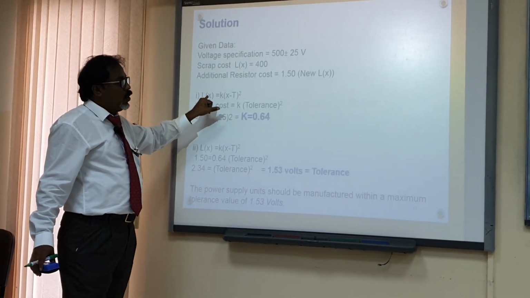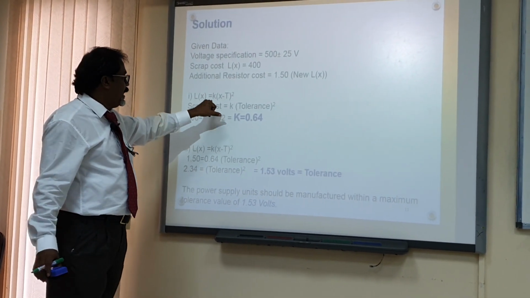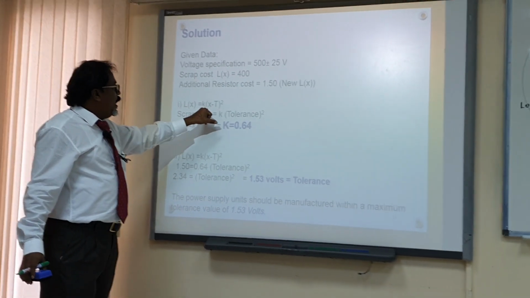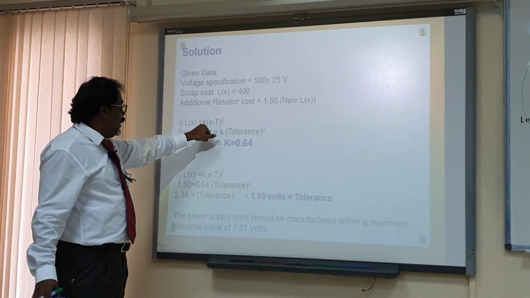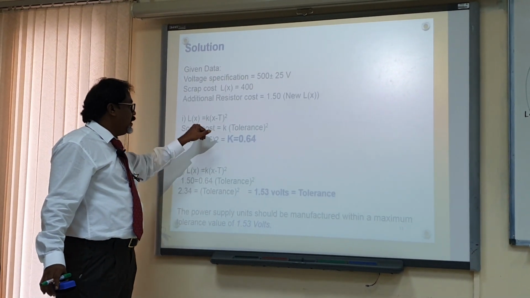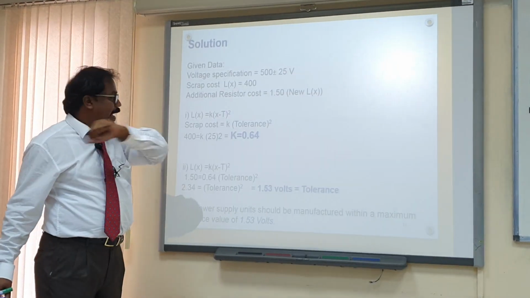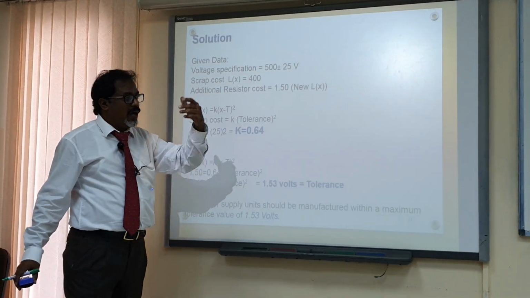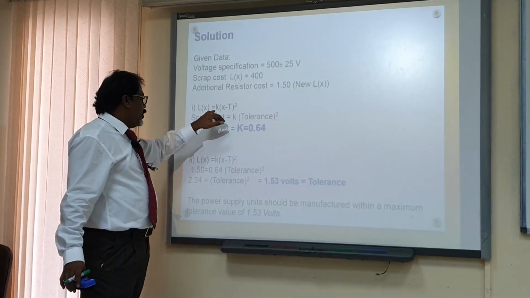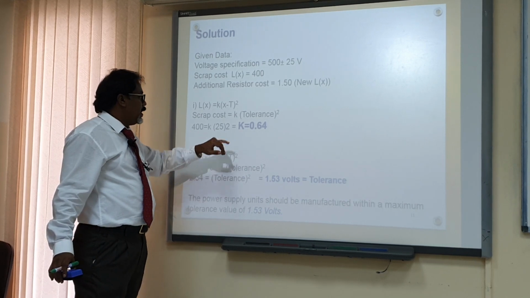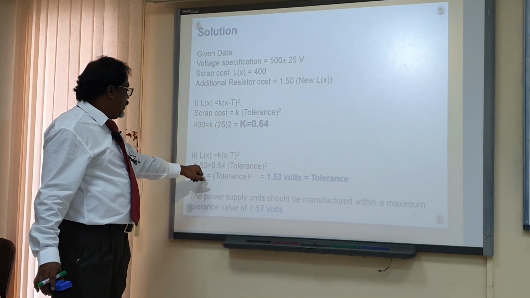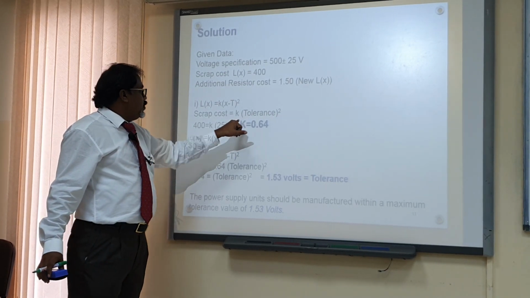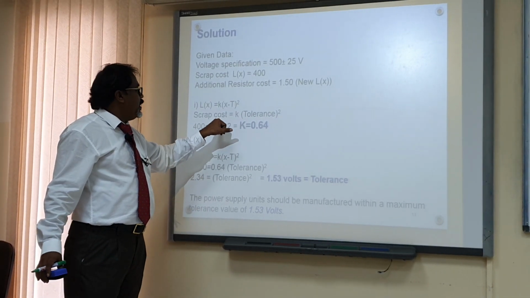See, with the first two data, if I calculate the K value, how much is it coming to? L of x, the loss function, and the loss: I am going to calculate K. The loss is given, 400 OMR, and I am going to calculate the K value. That is the Taguchi loss constant, or Taguchi constant. All the same, it is K into (x minus t) whole squared. X is 500, it is given. See here, the tolerance squared.